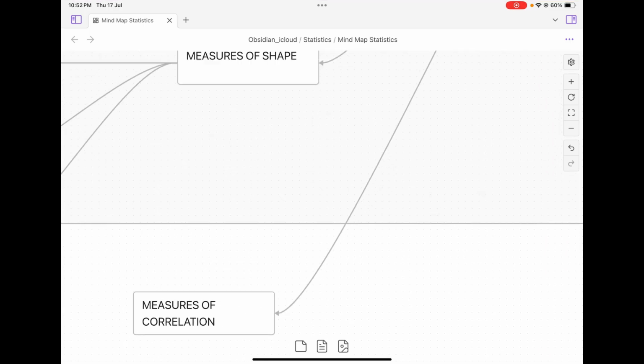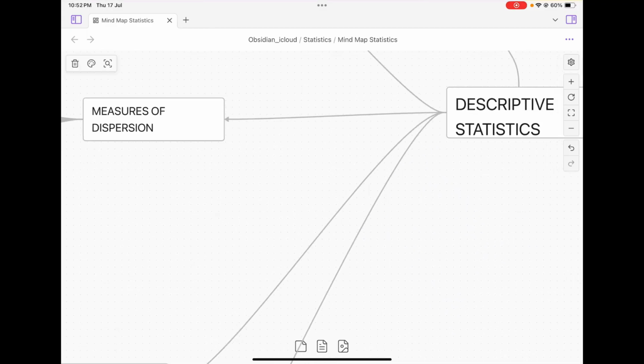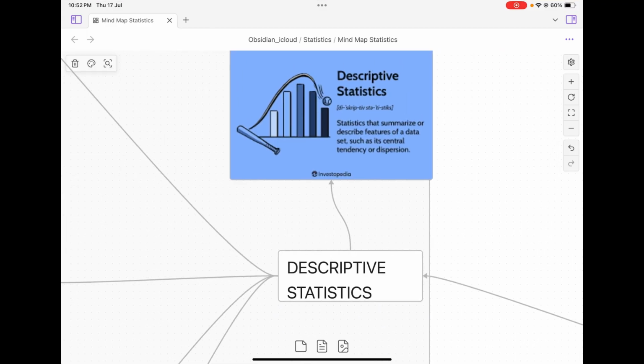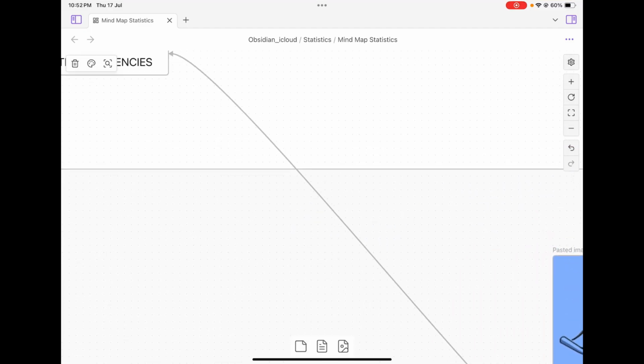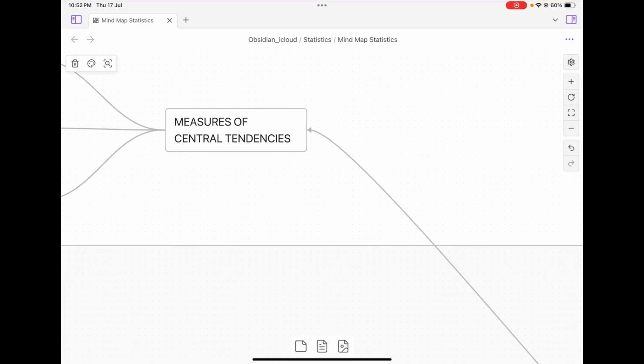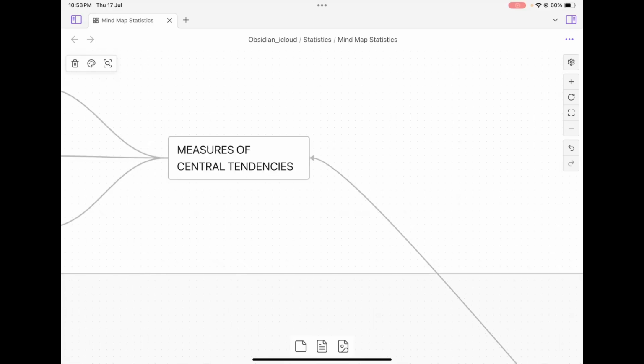So these are the four descriptive features that we are going to study. In the first section, we will move to measures of central tendency. Let us see that in detail in the next lecture.